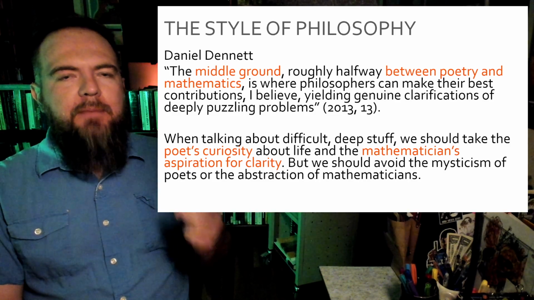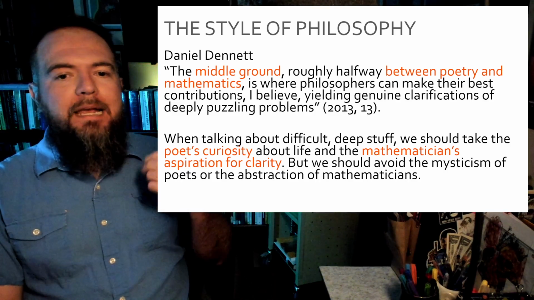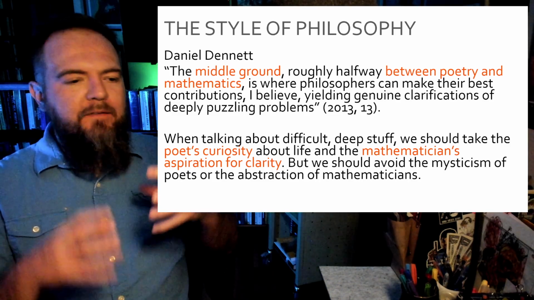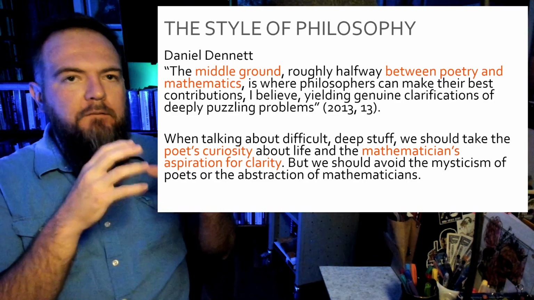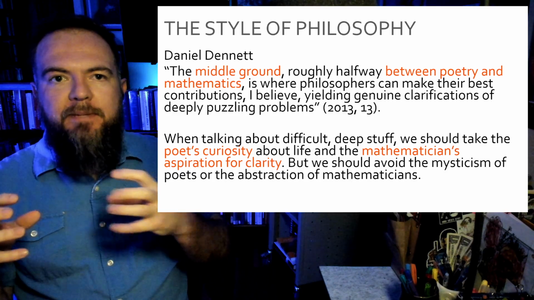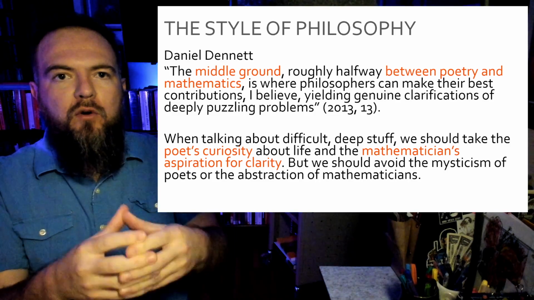And we should also keep the mathematician's aspiration for being precise, for being clear. That's what mathematics tries to do. So whenever you mix the curiosity and the connectedness to life of poets with the precision and clarity of a mathematician, that's kind of where you get philosophy if you apply that to really difficult questions.